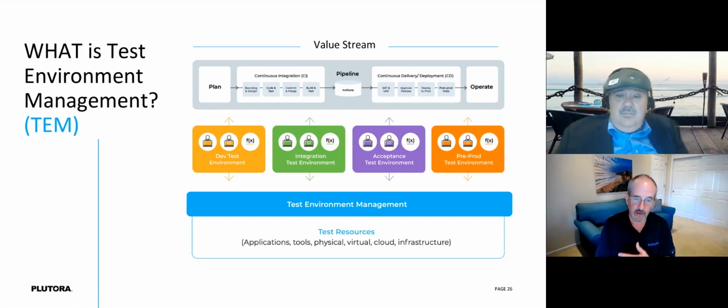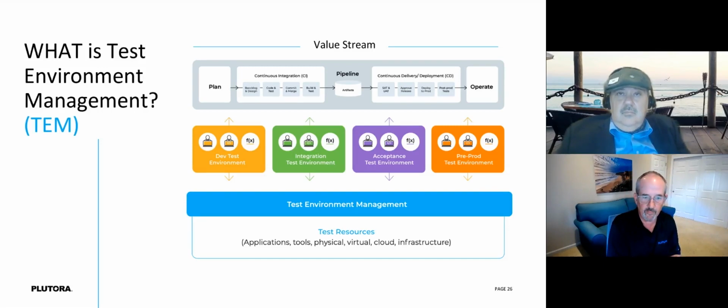When I was a test engineer many moons ago, it was really all about that last part, pre-production, before stuff goes into production, we need to test it. The notion that test environments are needed every step of the way, as we've discussed, when they're needed in different parts of the value stream, the kinds of tests, dependencies, interactions, access, and reporting are all unique to those areas, to get right to the heart of the matter, solve the problem, and move on, so that we're fixing problems very close to where they were inserted into the system in terms of the bug.